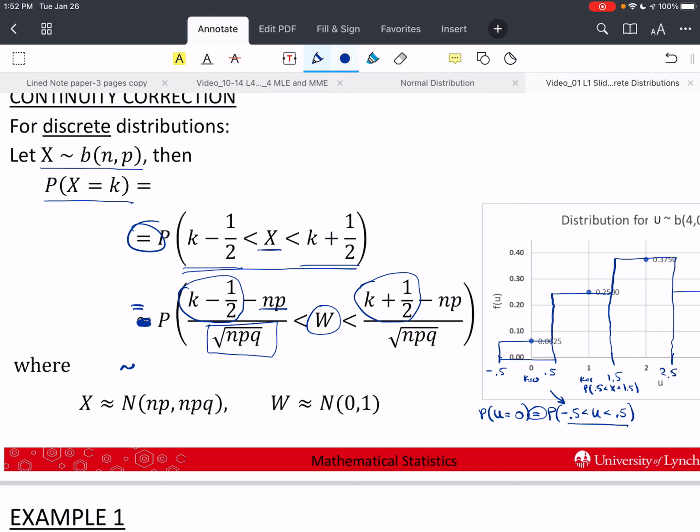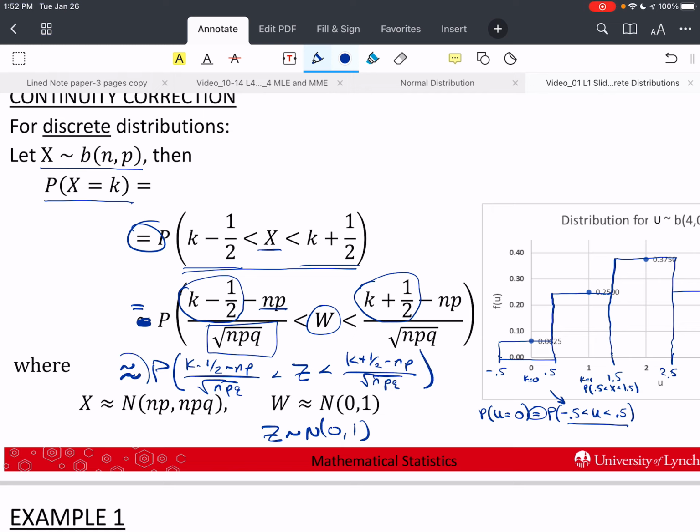And then I can say this is approximately the probability that k minus 1/2 minus np over the square root of npq, and so Z is between these two values, and Z is a standard normal. Okay, so k plus 1/2 minus np over the square root of npq.